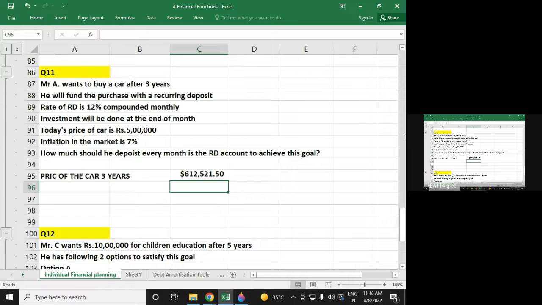Okay. So 6,12,000 का price होगा कार का after 3 years. All these are questions related to individual investment decision making, and you make models generally for institutional investment requirements.